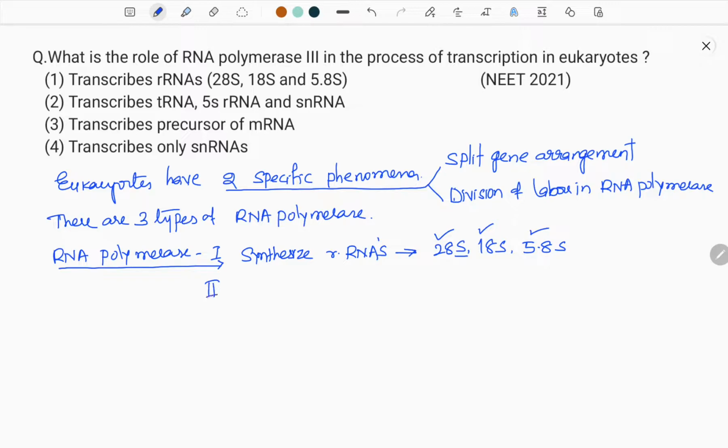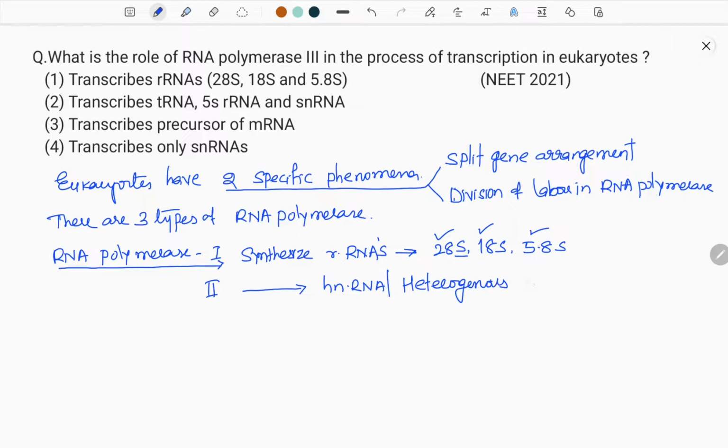RNA polymerase 2 will synthesize what I told you in my previous question also, that is hnRNA. hnRNA stands for heterogeneous nuclear RNA. Why is it called heterogeneous nuclear RNA?